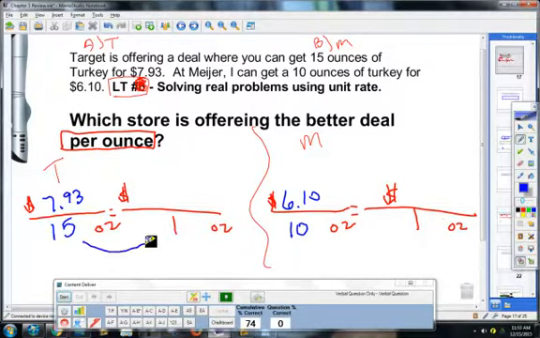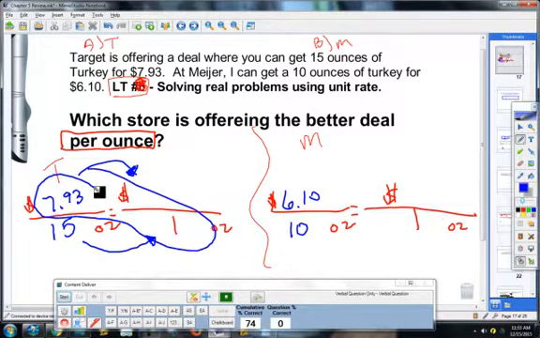You can just know that you'd be dividing your ounces by 15, so you divide your money by 15. But if you're somebody that maybe gets confused on that, just please cross multiply and divide. So 793 times 1 divided by 15, it gives you 0.528. Does that seem right, guys? No. Yes. That's what it gives you.